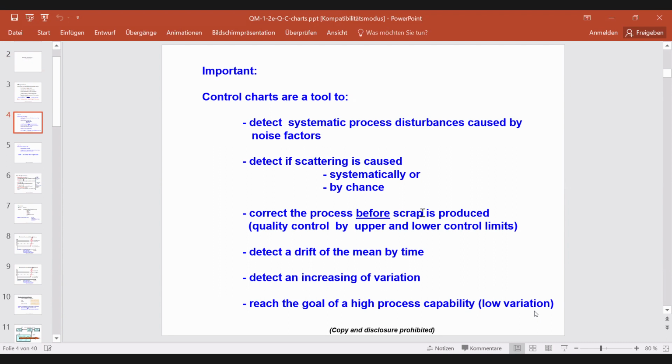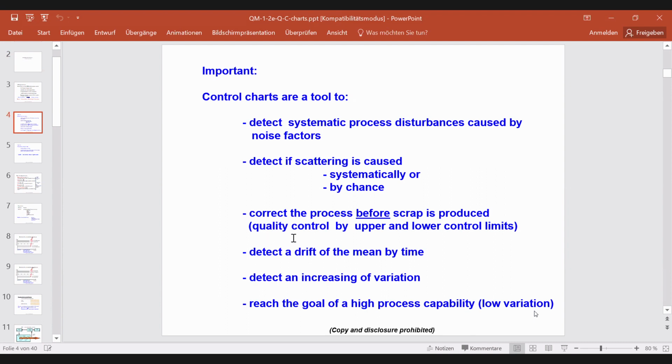Scrap parts are a loss, of course. So this means you have to make sure in the production to have only a very low number of scrap parts. The best is if you have no scrap parts, and the SPC with a quality control chart is to correct the process before scrap is generated or produced.